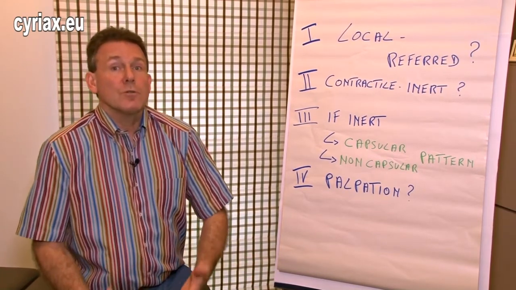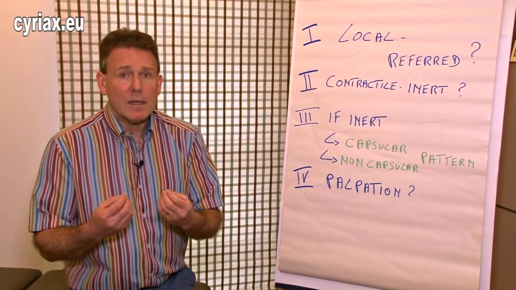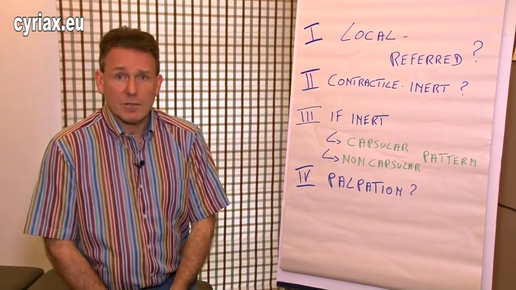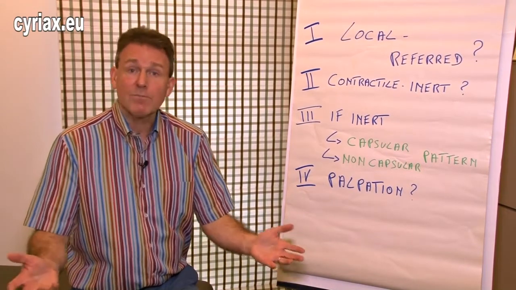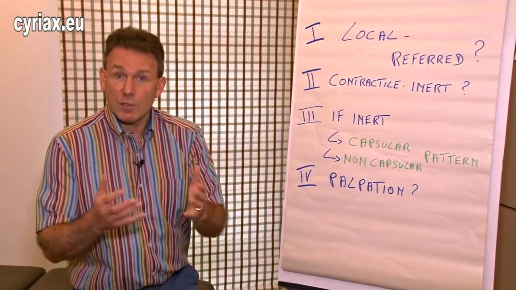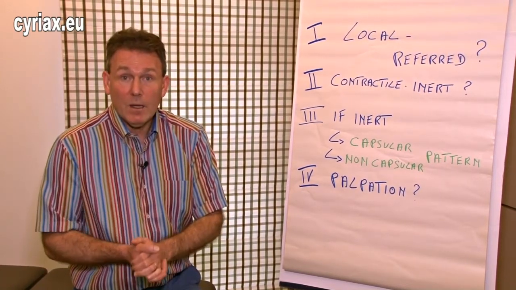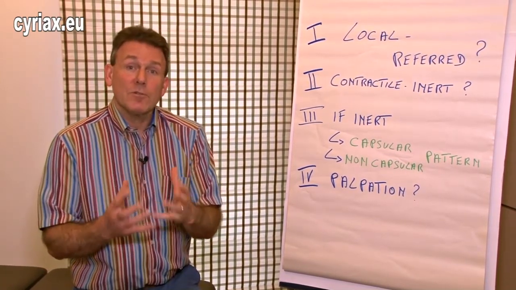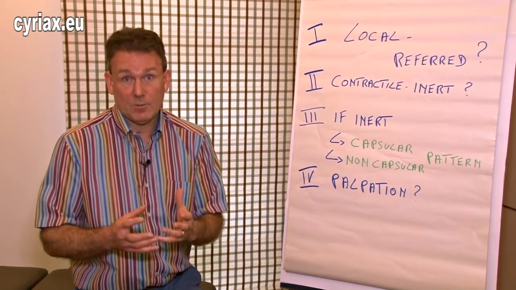So how do we know the answer to the question, is it local or is it referred? In most cases, we will know that after a specific detailed history taking. Then, of course, we continue with an inspection followed by a functional clinical examination. And very important in the functional examination is to use as few tests as possible.